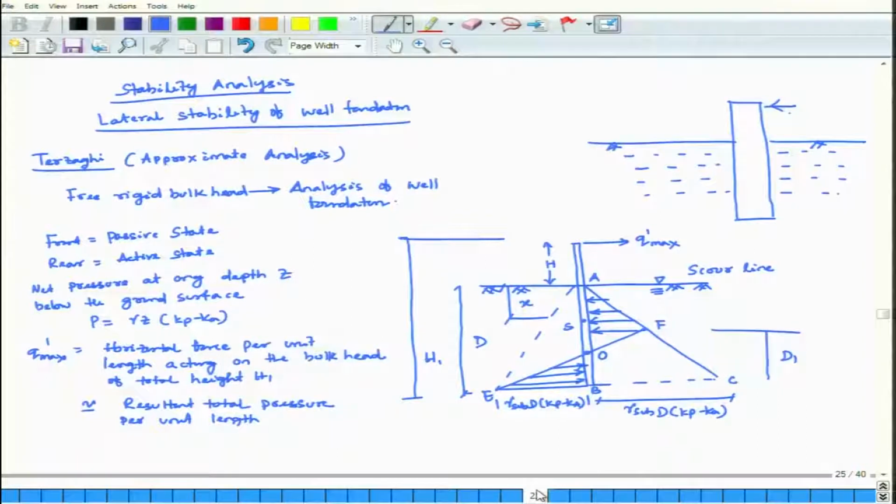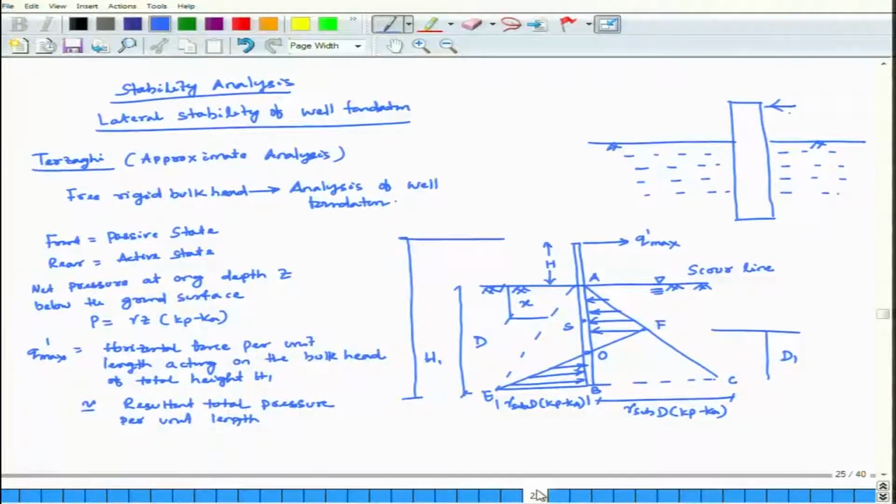So, the front will be in the passive state, and the back will be in the active state. So, net pressure P is equal to gamma z (Kp minus Ka). Q maximum prime is the horizontal force per unit length acting on the bulkhead of total height h1, which is equal to the resultant total pressure per unit length.